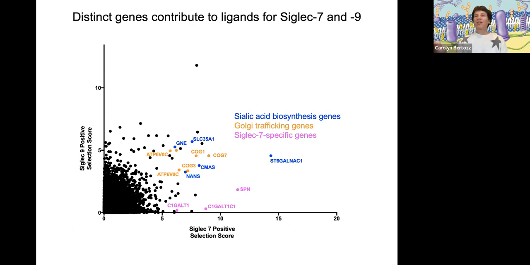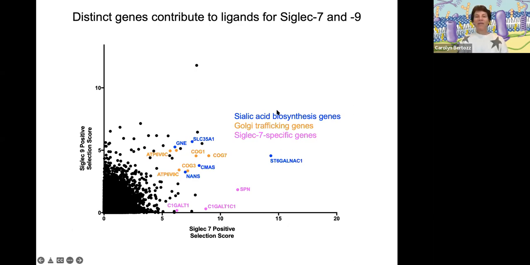And any dots that are on the diagonal are genes that contribute to the ligands for both Siglec-7 and Siglec-9. And you can see there's some genes out here on that diagonal that are the genes that encode enzymes for sialic acid biosynthesis. You would expect that those genes would be important for any Siglec, including Siglec-7 and 9.